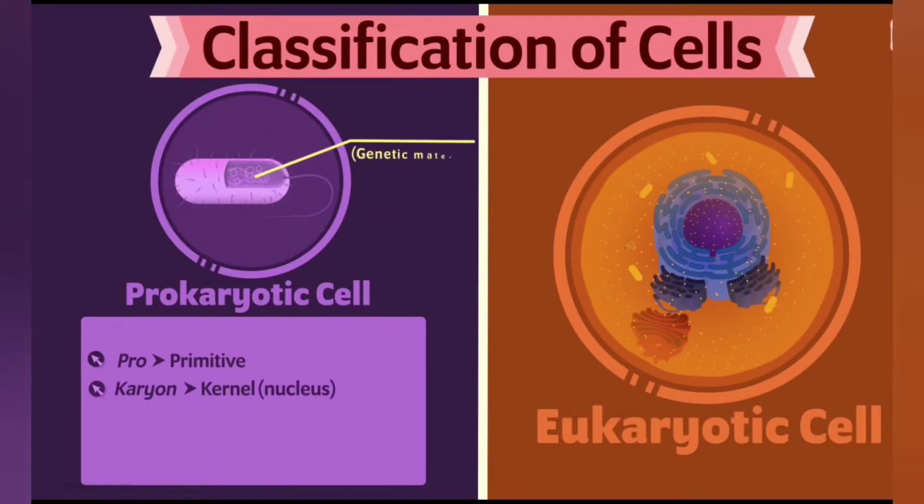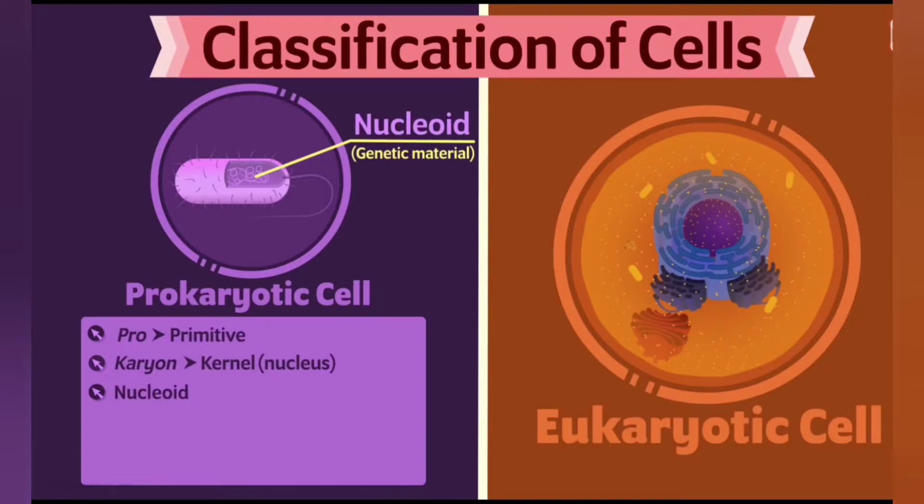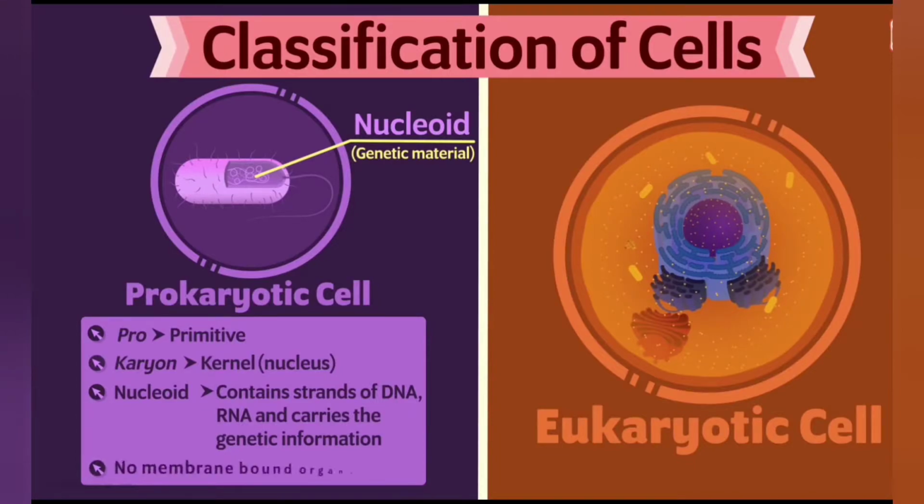Can you see these thread-like structures in the cytoplasm? This is nothing but the genetic material named nucleoid. The nucleoid is analogous to the nucleus in our cells. It has strands of DNA, RNA, and it carries the genetic information of the cell. The only difference is that the nucleoid does not have a compact shape and mainly lacks a proper membrane.